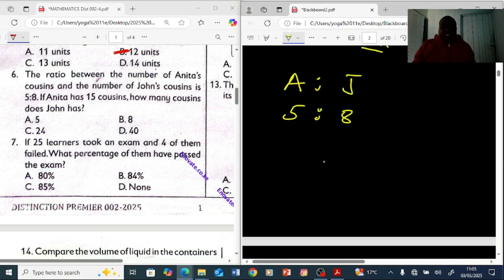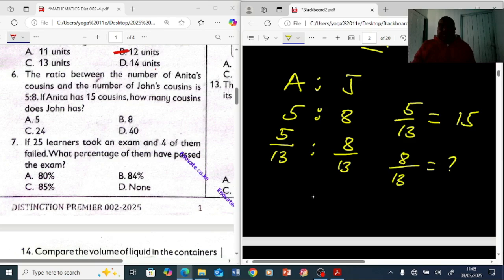So Anita will be 5 over the total, 5 plus 8, which is 13, and John 8 over 13. So now 5 over 13 is equal to, that is Anita, which is equal to 15 cousins. How many cousins does John have? We will ask, 8 over 13 will be what?